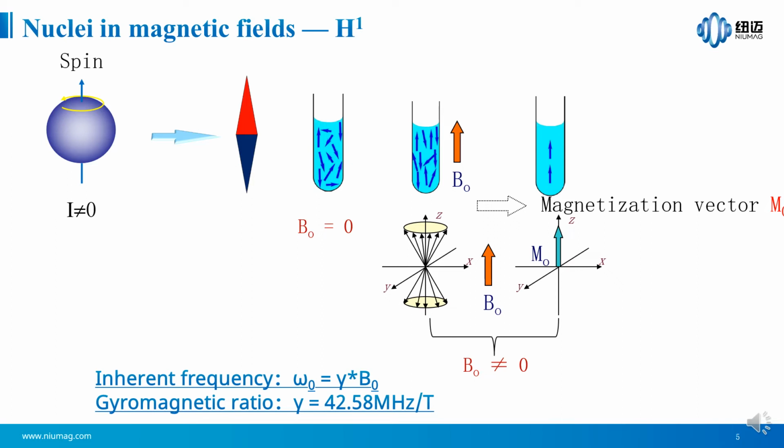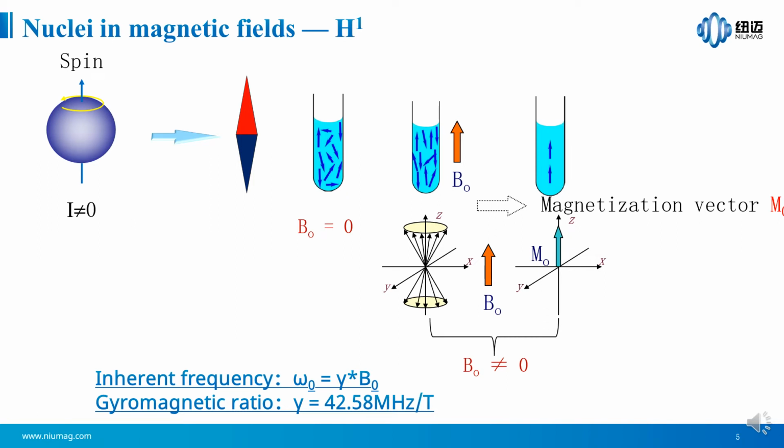The first is spin, and the spin always exists. The second is that in a magnetic field, hydrogen nuclei will be affected by magnetic force and move in a circle around the magnetic field. This is known in NMR as Larmor precession.